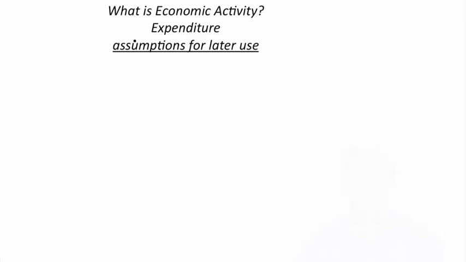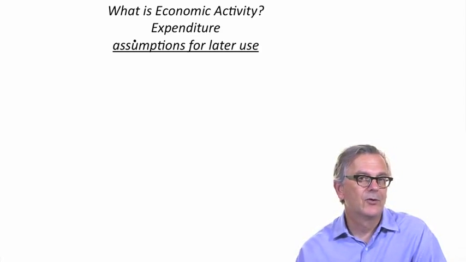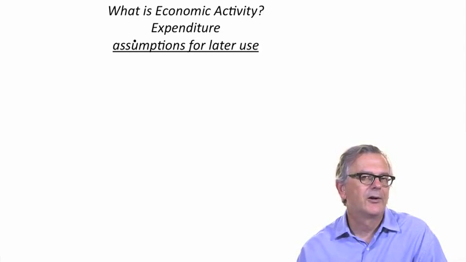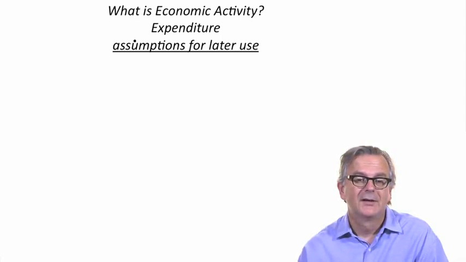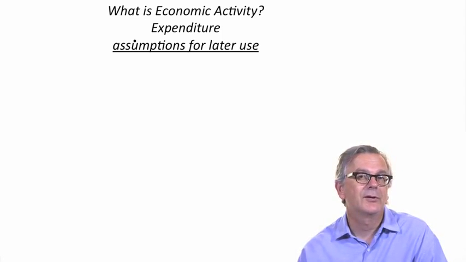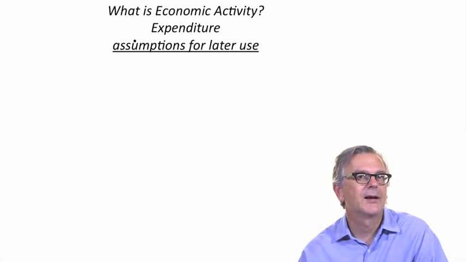Now, I'm going to make some assumptions here that we are going to use pretty much throughout the course. You're going to see a lot of assumptions in this course, as indeed you do in any look at macroeconomics. This relates to what I was talking about in our first lecture, the building of models. We're not trying to create exact replicas of the economy in our analysis, but we wish to work with simplified representations of the economy that enable us to focus on key fundamental forces.